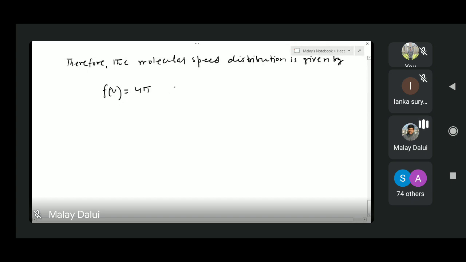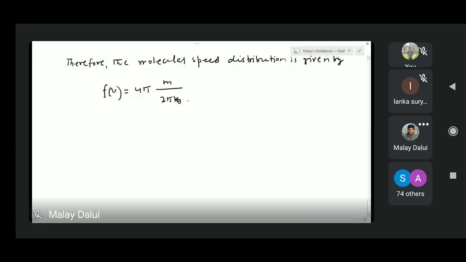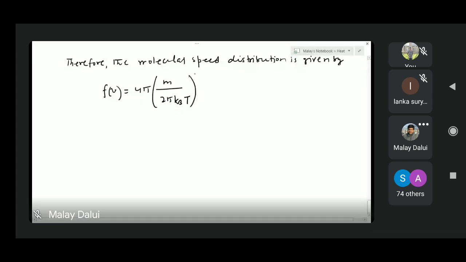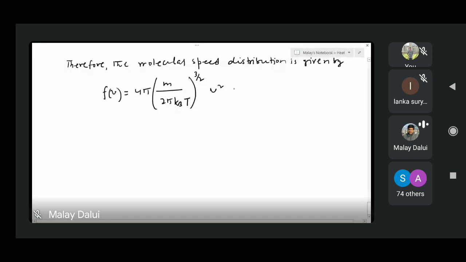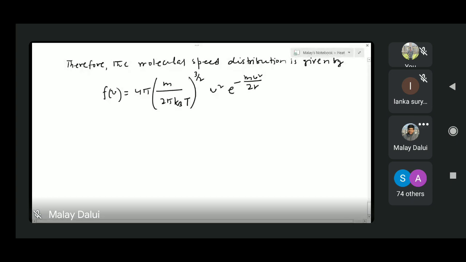Now we have the constant a cubed, with the Boltzmann constant kB, to the power 3 halves, then v square e to the power minus b v square, that is minus m v square by 2 kBT.